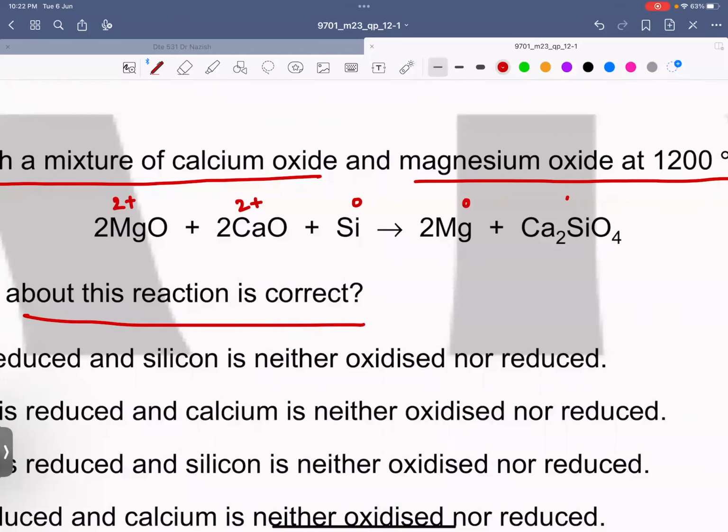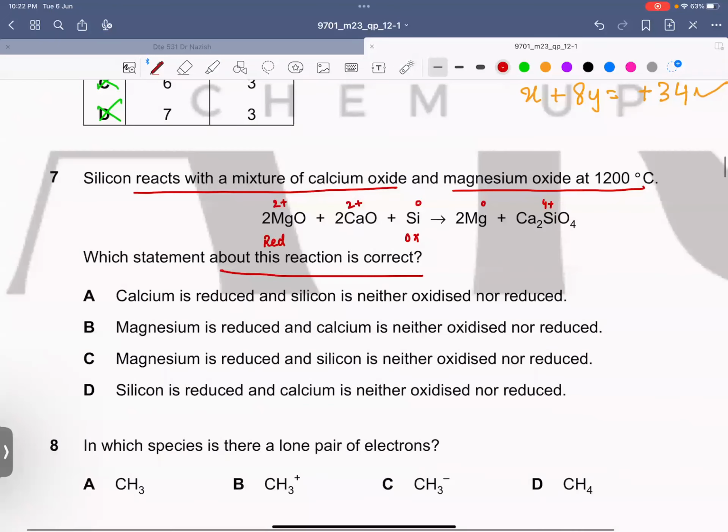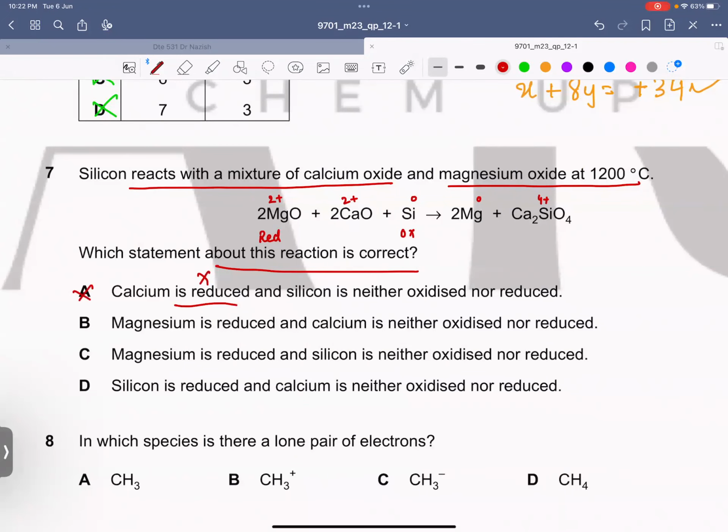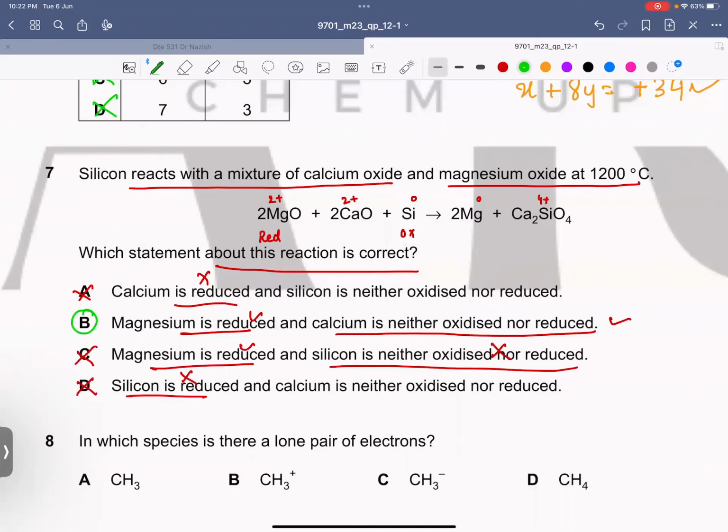So you can see that silicon is oxidized and magnesium is reduced. So calcium is reduced, wrong. Magnesium is reduced. Calcium is neither oxidized nor reduced, that is correct. Magnesium is reduced, that is correct. Silicon is neither oxidized nor reduced, that is wrong. Silicon is reduced, wrong. So we are left with the B option only, so B is our correct answer.